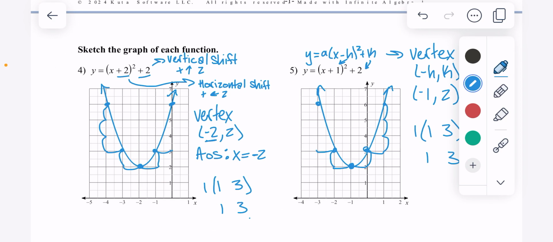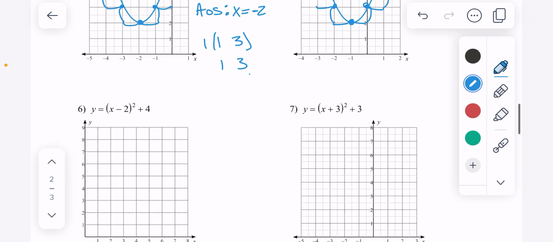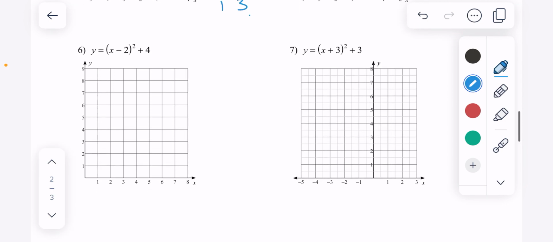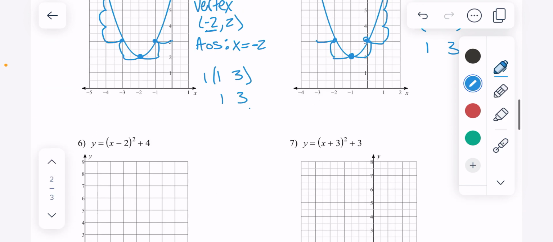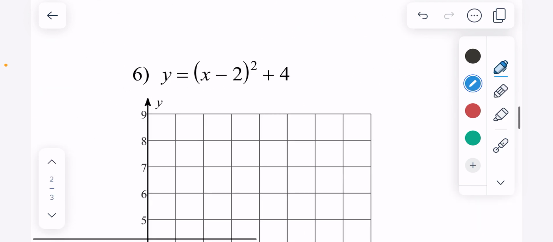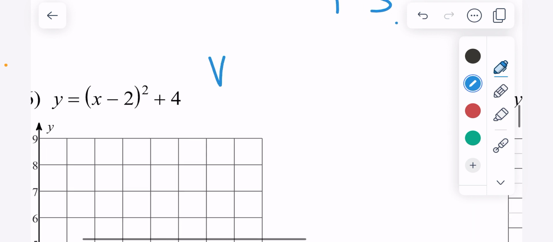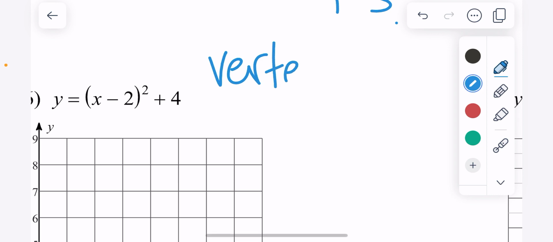So the vertex form even speeds it up a little bit more because it tells us which way it's shifting in order to get my new vertex. So let's do 2 more and then we'll call it. For this next one, in vertex form, my vertex is the opposite of h comma k. So find your vertex real quick.